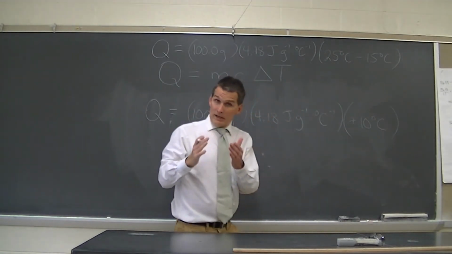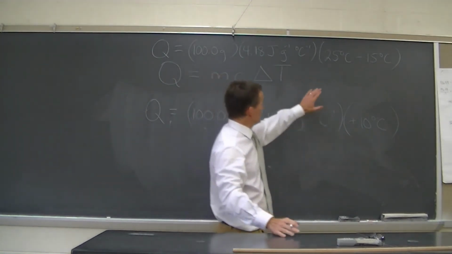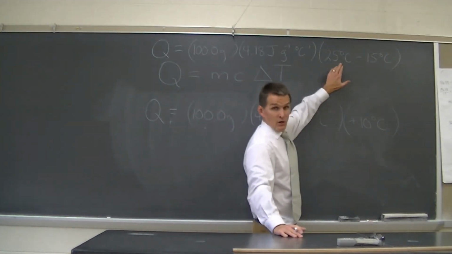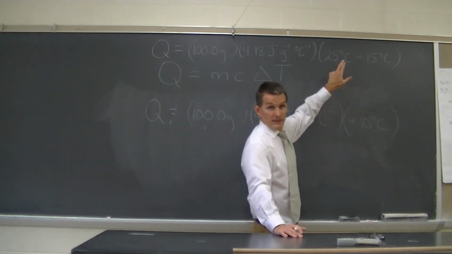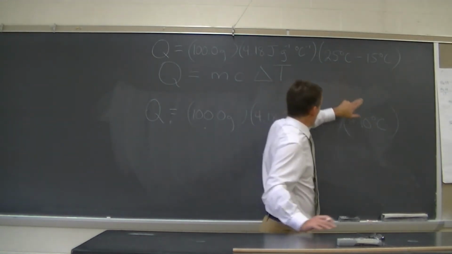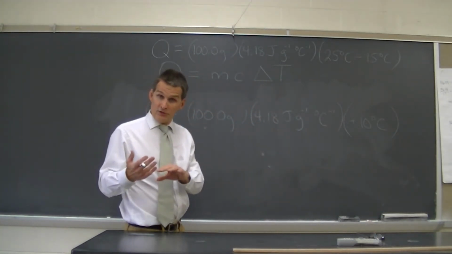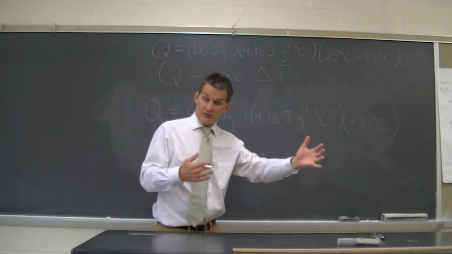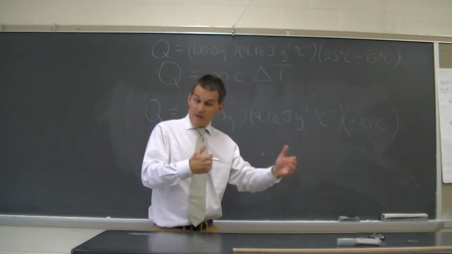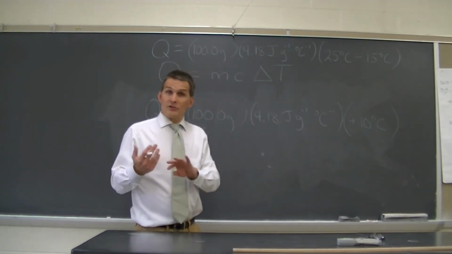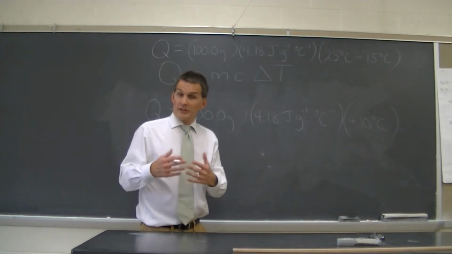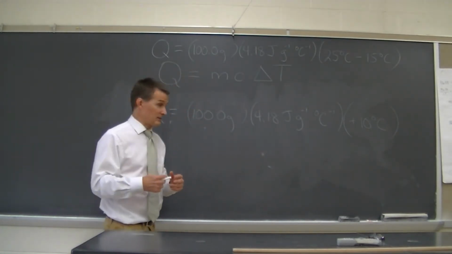And we're going to want to make sure that when we're doing these problems, we indicate whether the temperature change is positive or negative. And that will be important to determine whether the water has gone through an exothermic change in which it releases energy as heat, that'll be negative, or an endothermic change in which the water gains energy. In that case, the Q will be positive.